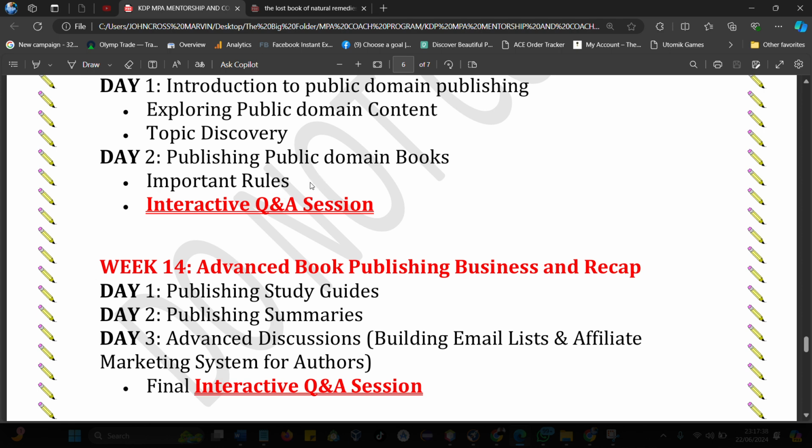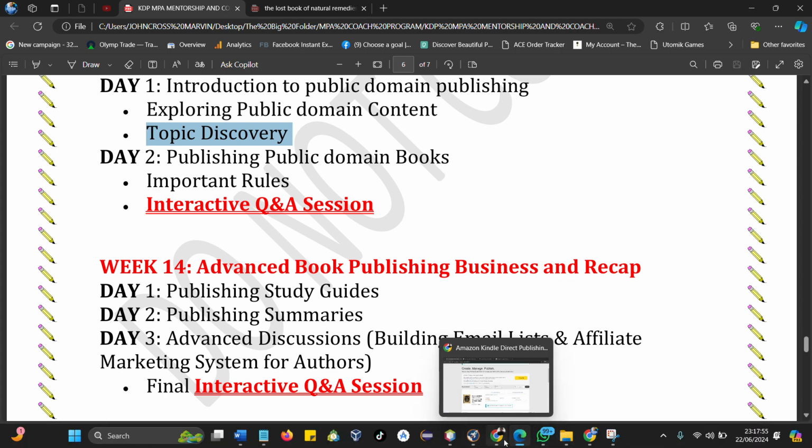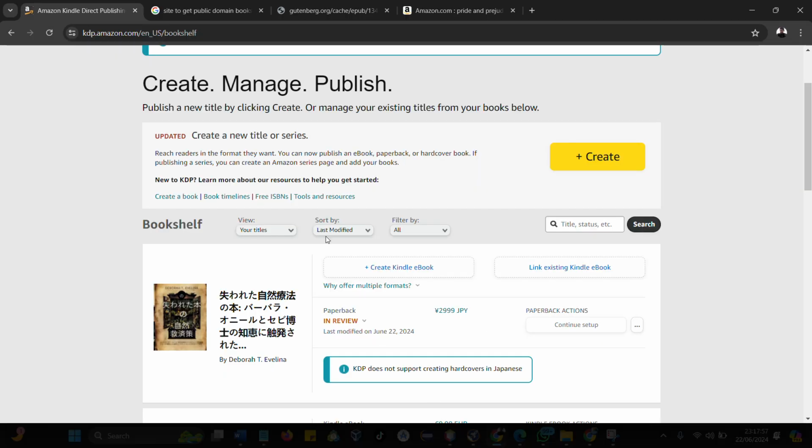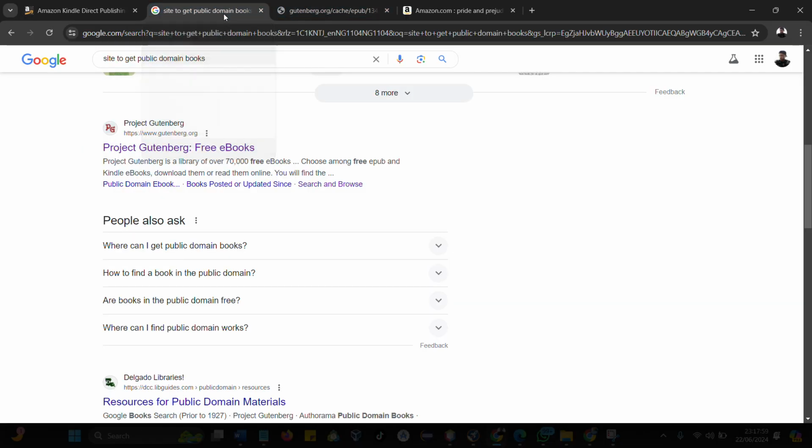So we have talked about public domain topic discovery. One of the important ways for you to discover hot-selling topics as far as the publication of a public domain book is concerned is to check out the top guys that are already in the business of writing public domain work. So how can you find these guys?